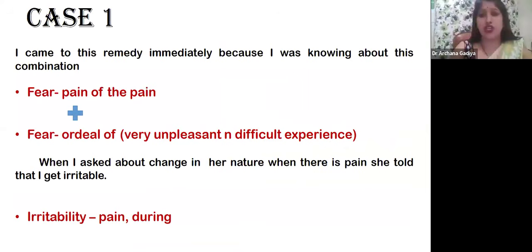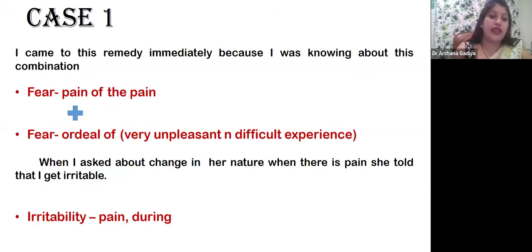If we put fear of the pain and fear of ordeal, we get only one remedy, that is Arnica. In the first case, I got to know about these two feelings: she has a lot of pain, she has fear of that pain, and she has fear of going through the same process again. So what is ordeal? Ordeal is a very unpleasant and very difficult experience. Like in Hindi we call it agni pariksha. Like we have to pass again and again through a painful and unpleasant experience. It's more than suffering. The stage beyond suffering is ordeal.